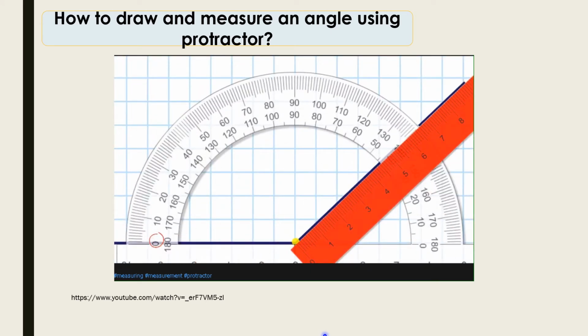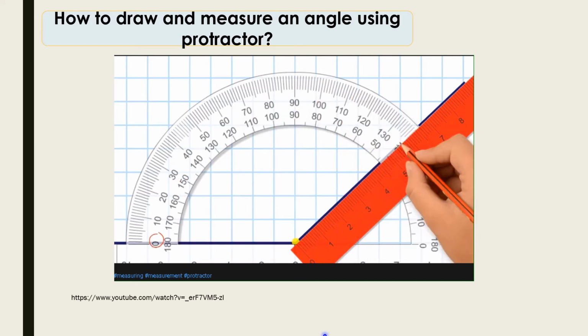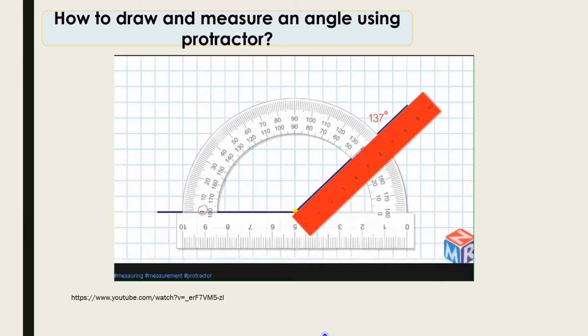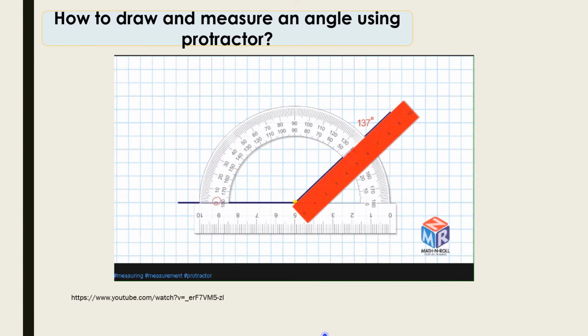Count up from 0 until the other ray intersects. This is the measurement of your angle. This angle has a measurement of 137 degrees. Keep in mind, always count up starting from 0. If you started from 180 degrees, you would get the wrong answer of 43 degrees.